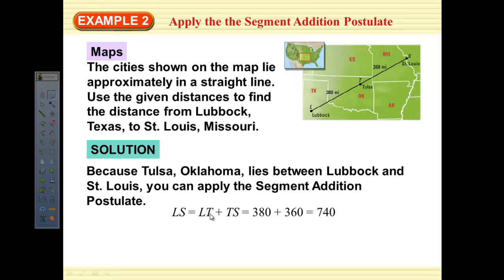So LS is Lubbock to Tulsa plus Tulsa to St. Louis. LT is 380, TS is 360. Together it gives us 740 miles.